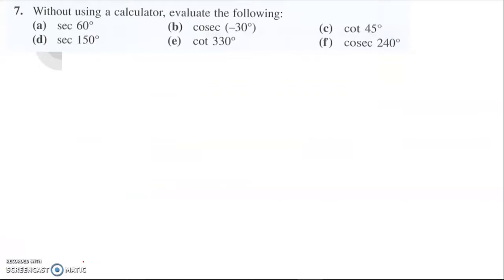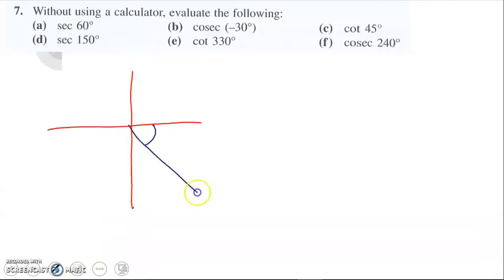Let's do letter B. We've got cosecant of negative 30 degrees, so we're going backwards. So I want to go negative 30 degrees. That means this is a base angle of 30, 60, and 90. That means that this is 1, square root of 3, and 2. Again, remind yourself this should actually be a negative 1.